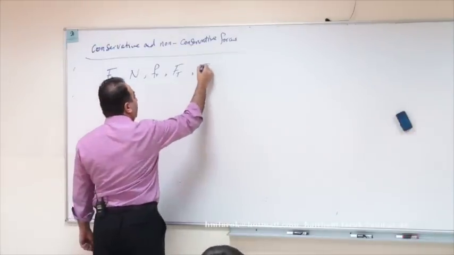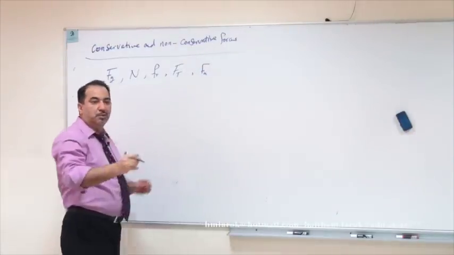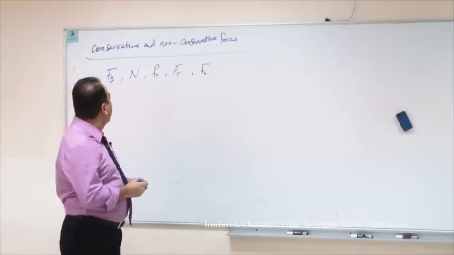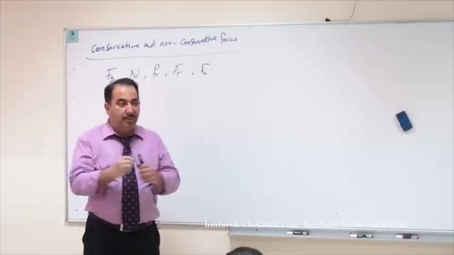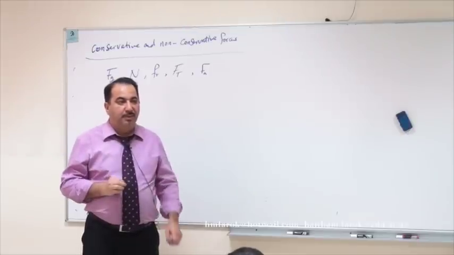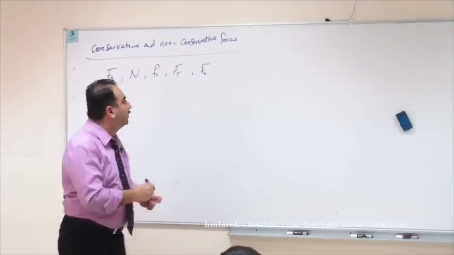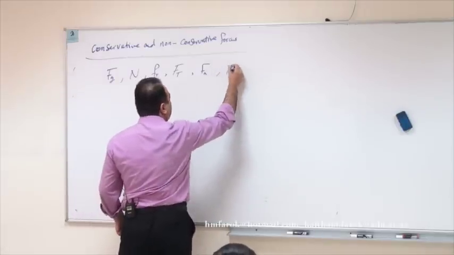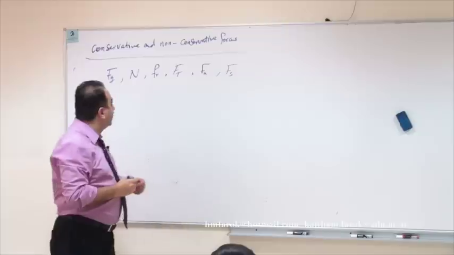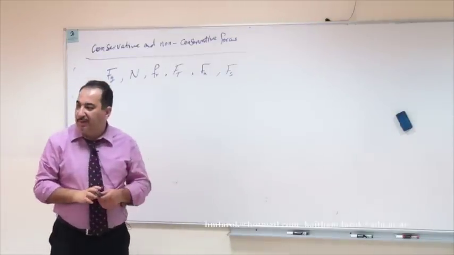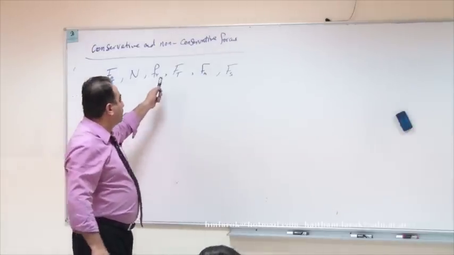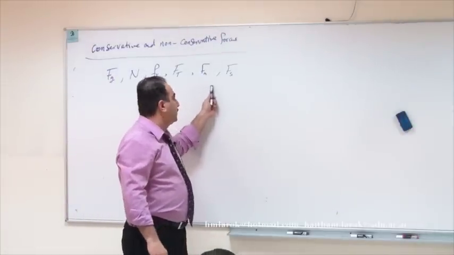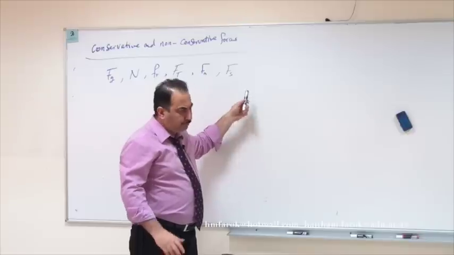Applied forces in general, F sub A, yeah? Push, pull. Anything else? There's one more. Spring force. So these are the forces we dealt with so far: gravity, normal, friction, tension, applied forces in general, spring force.